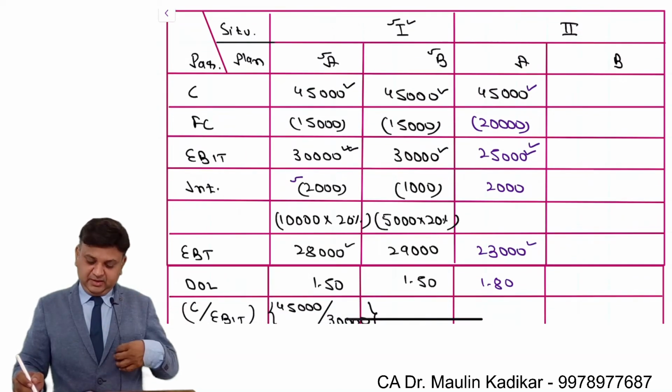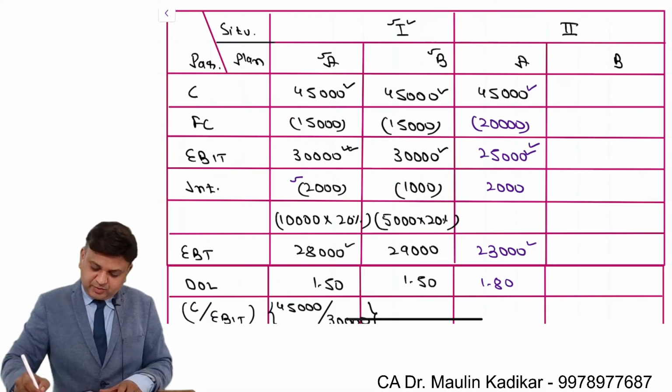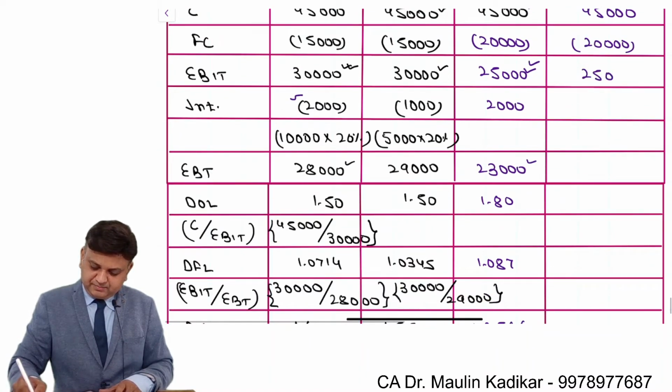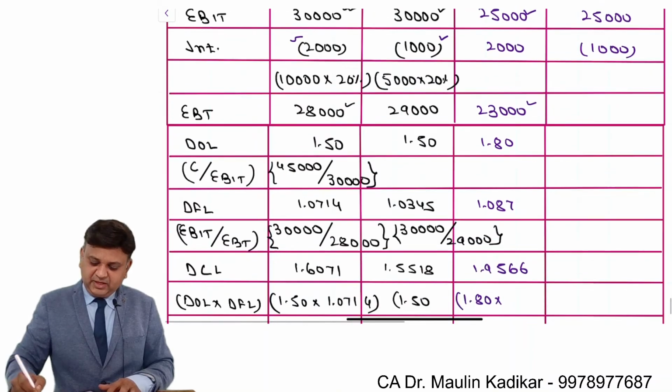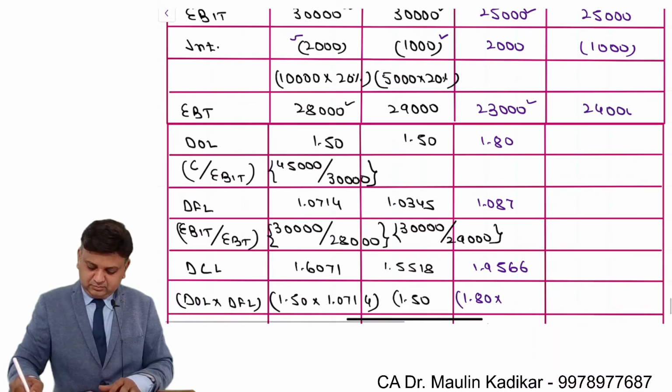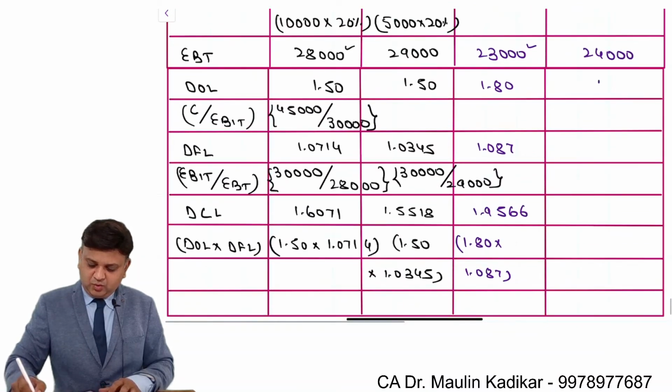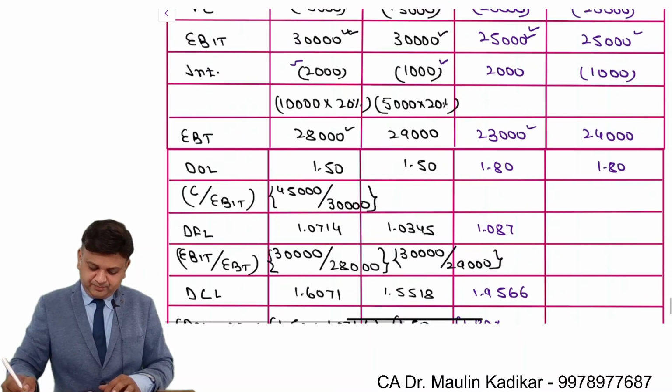For 2B, again the contribution won't change, fixed cost won't change, EBIT won't change. Amount of interest will be 1,000, EBT 24,000. DOL will be 45 upon 25, 1.80. DFL is EBIT upon EBT.